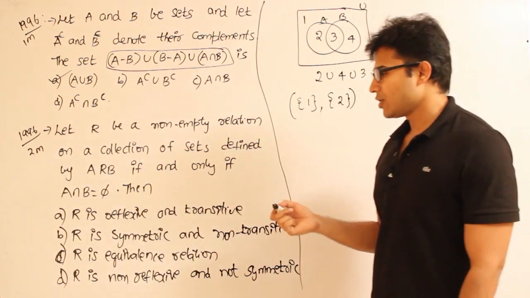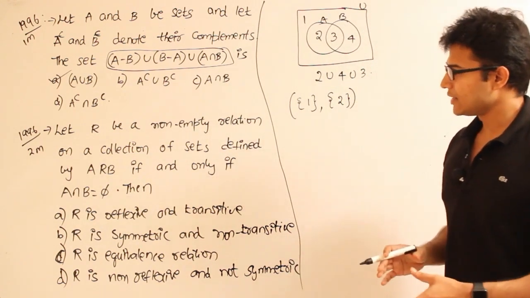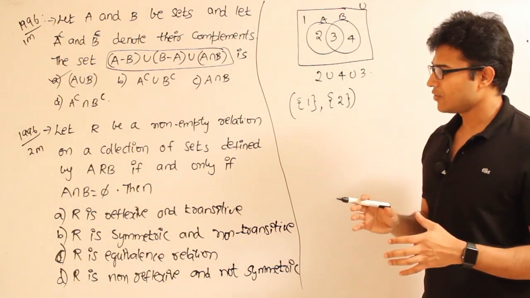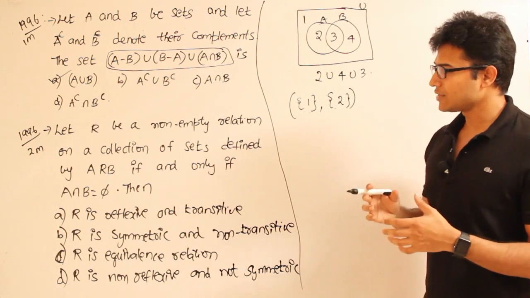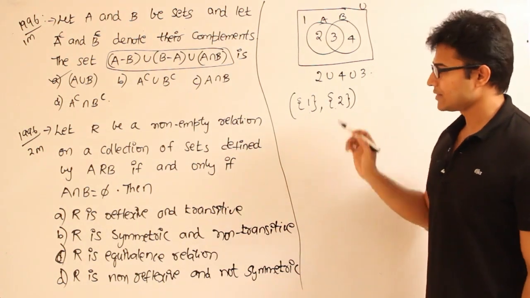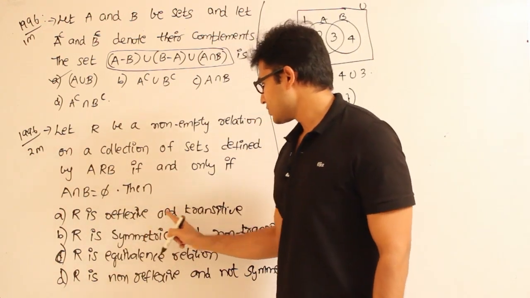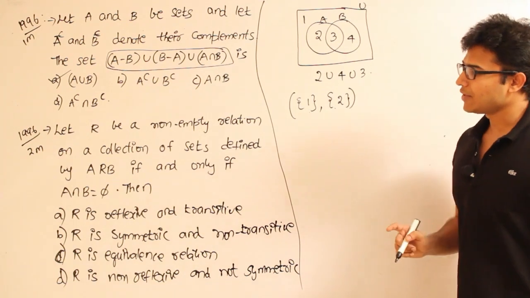Then what is it that they are asking? If R is defined like that, which means R is a relation defined such that an ordered pair belongs to the relation capital R only when the intersection is equal to ϕ, then they are asking about this. R is reflexive and transitive. Is R reflexive?